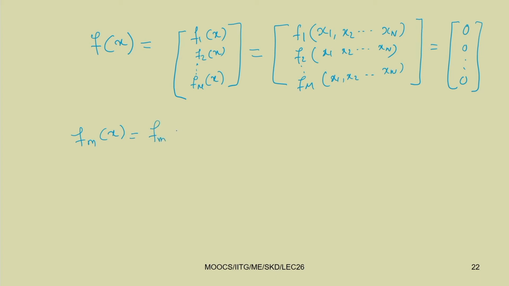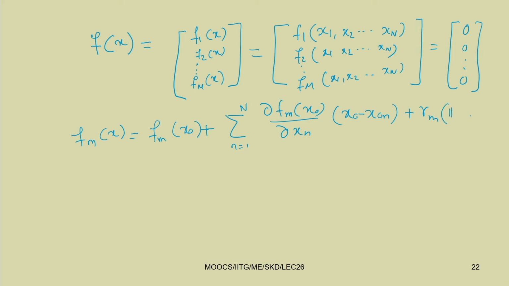This will be equal to f m x 0 plus the summation, n equal to 1 to n, of del f m x 0 by del x n into x minus x 0 n, plus the remaining term which we can neglect, that is R m, of the higher order norm of x minus x 0. Here m equal to 1 to m.